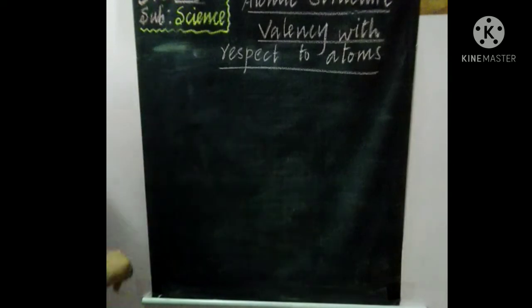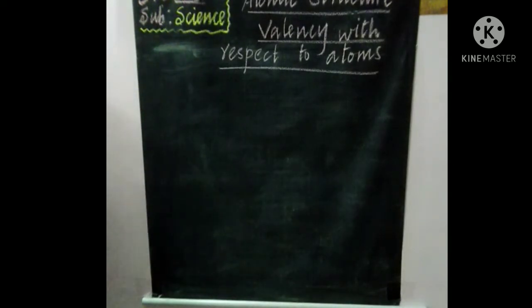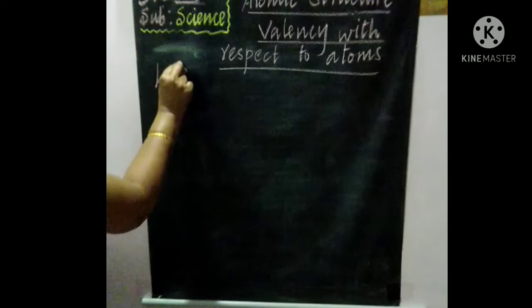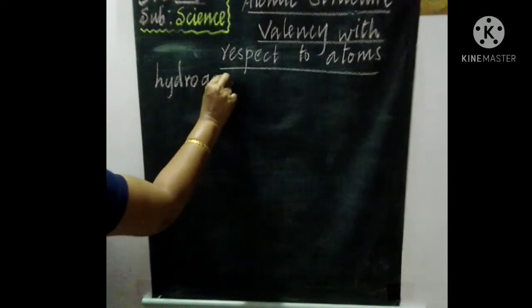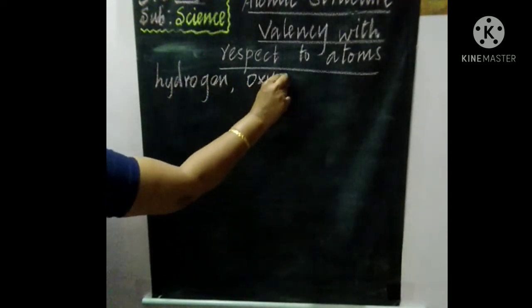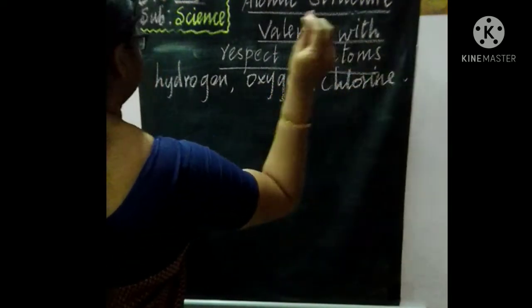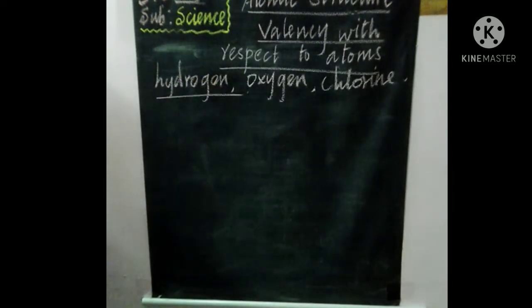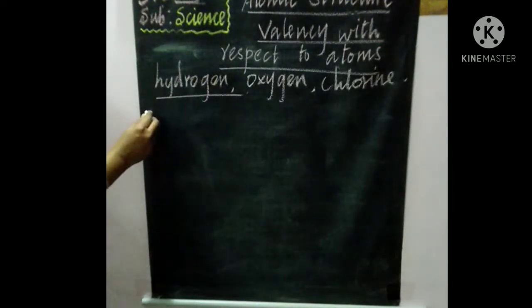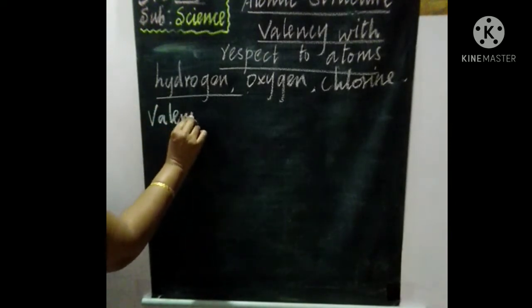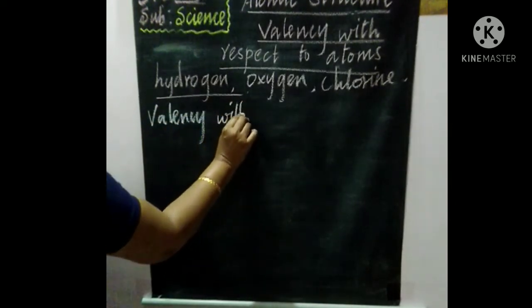With respect to atoms, some atoms are taken as standard to determine the valency of an atom. Such atoms are hydrogen, oxygen and chlorine. First, we'll take hydrogen. Valency with respect to hydrogen.